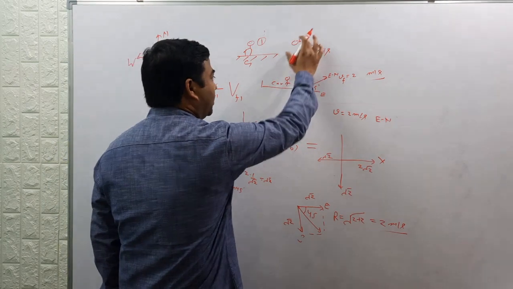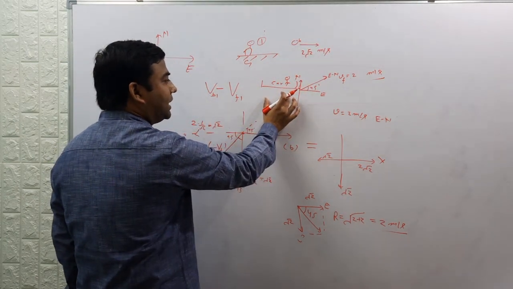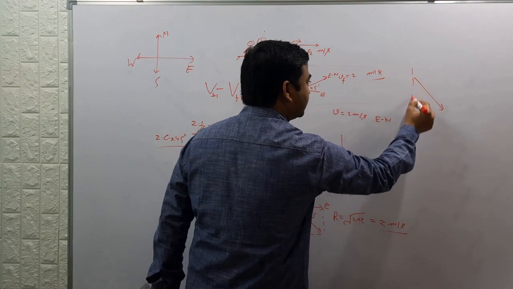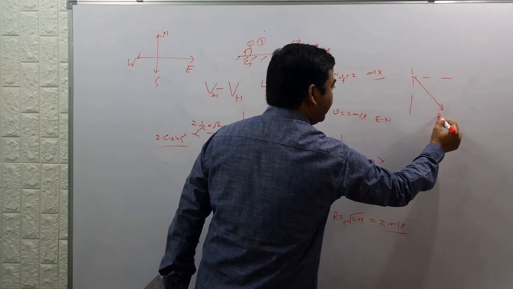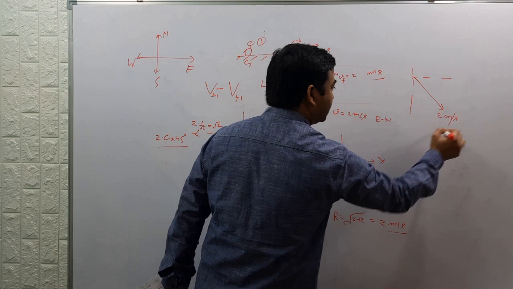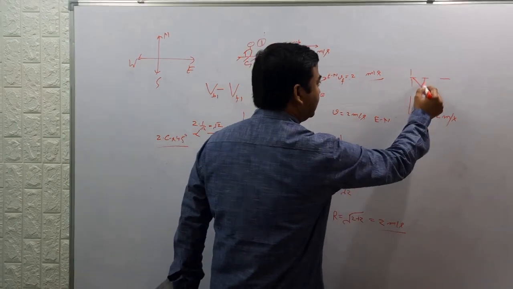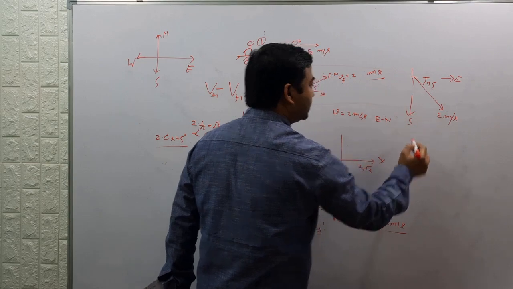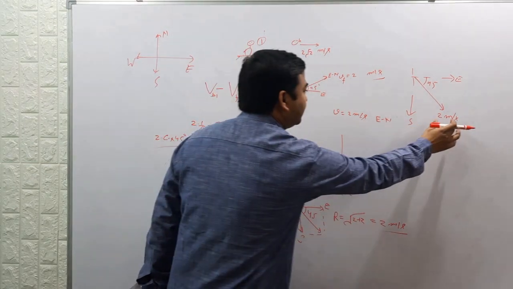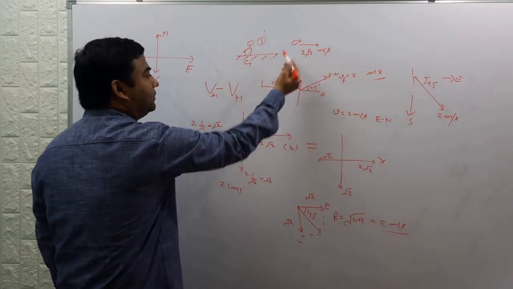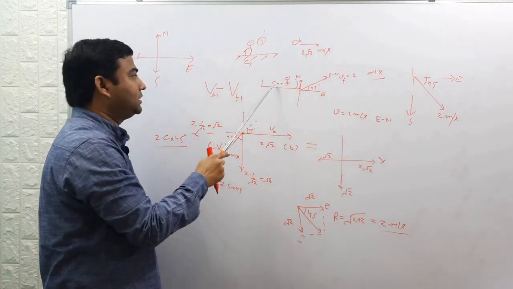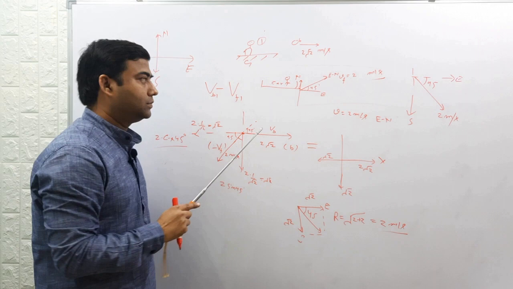So velocity of ball with respect to this moving car is given by this vector having magnitude 2 meter per second and direction 45 degree from east to south, and this velocity is velocity of ball with respect to car, velocity of ball with respect to this moving frame.